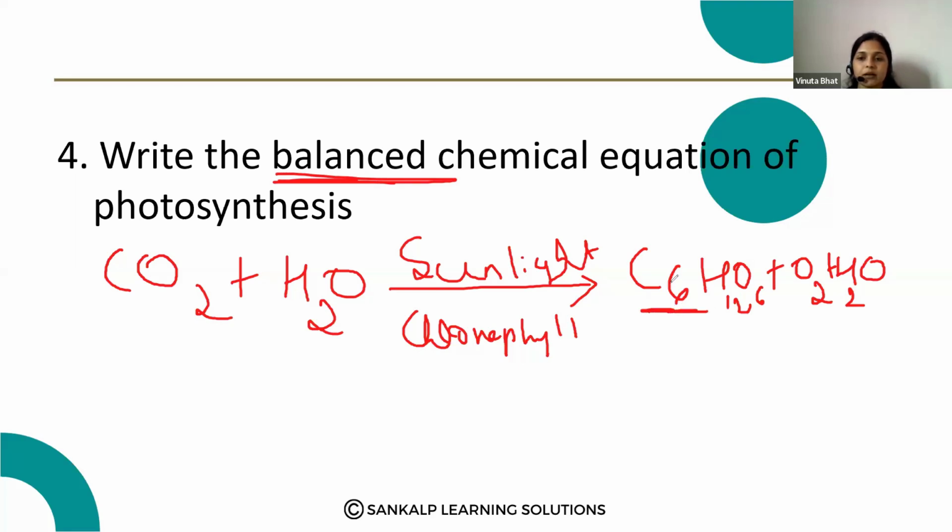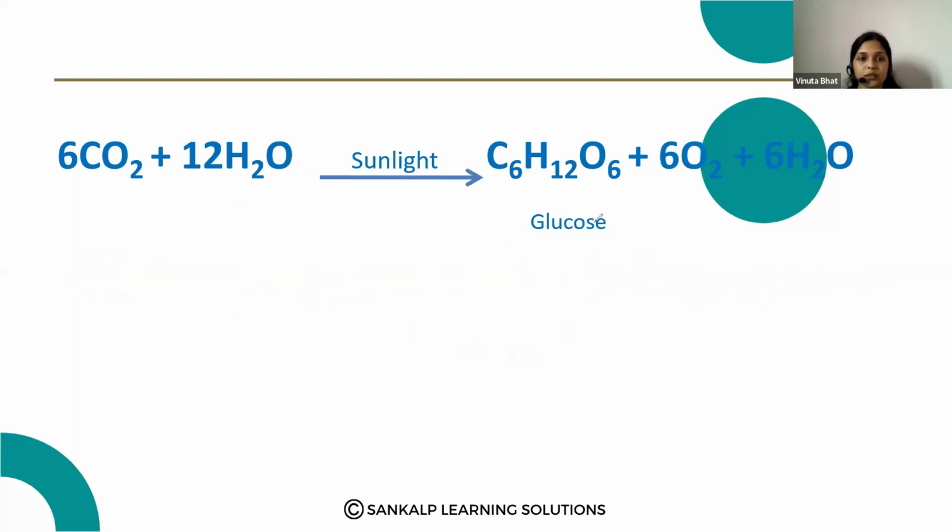Carbon, 6 atoms, are from 6 CO2. Here hydrogen is not balanced, oxygen also is not balanced in the reactant and the product. So you should balance it. So 12H2O and then 6O2, 6H2O. Like this you have to balance it, but don't learn it by heart. You know how to balance a chemical equation, I hope.